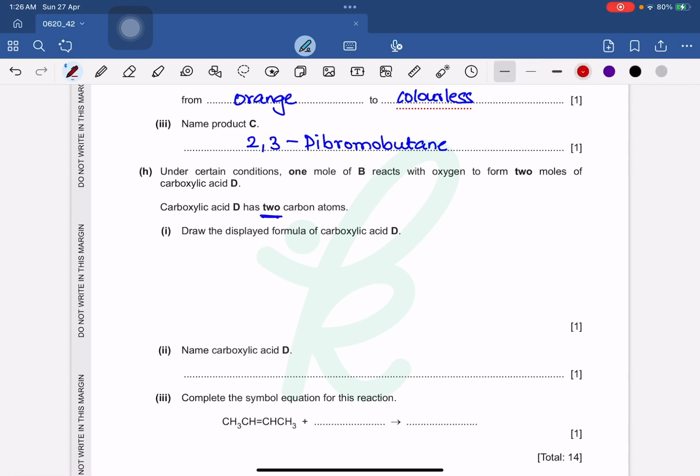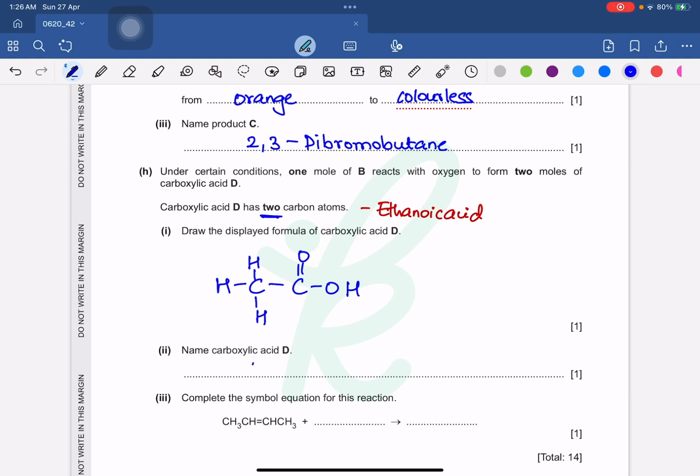So we know that the carboxylic acid with 2 carbon atoms is called ethanoic acid. The question says, draw the displayed formula of carboxylic acid D. So that will be 2 carbon acid, which is ethanoic acid. Next question, name carboxylic acid D, which we have already done above. It is ethanoic acid.